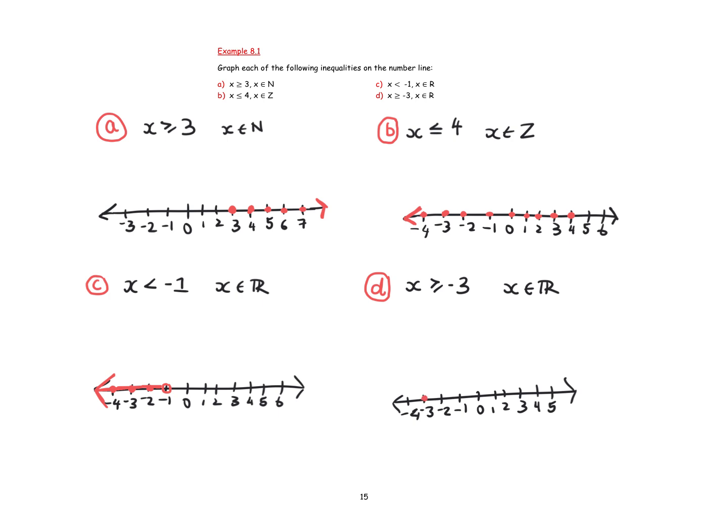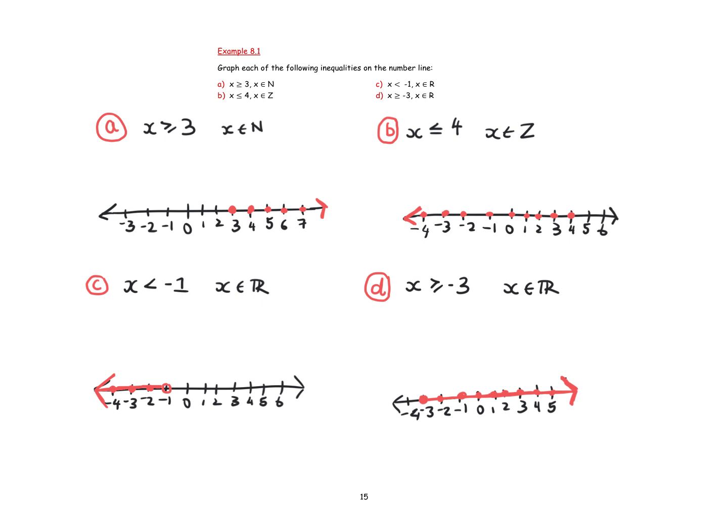It's greater than or equal to, so we have a filled in dot at minus 3. It is greater than, so we're moving to the right, and it is the real numbers, so we colour in the line that we have here. We also colour in the arrow because that can continue forever, and we can also, if you want, colour in the other numbers here, whole numbers.